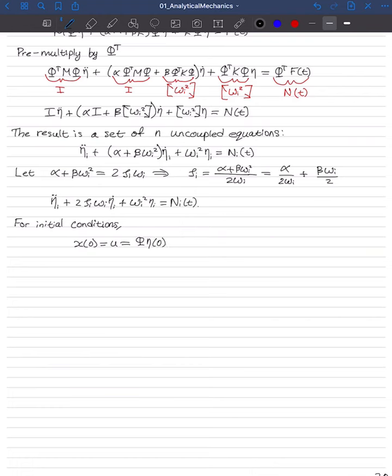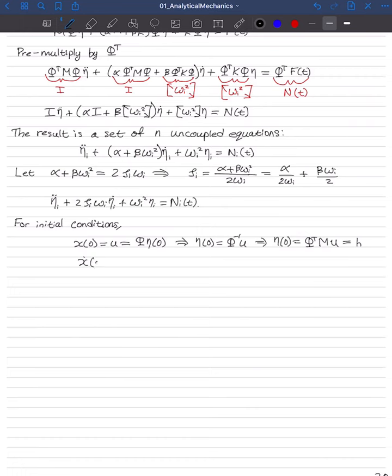And so in this case, eta of 0 must be equal to phi inverse u. But because of the mass orthonormality condition, and because we're mass orthonormalized, eta of 0 must be equal to phi transpose times m times u. We'll call this h.